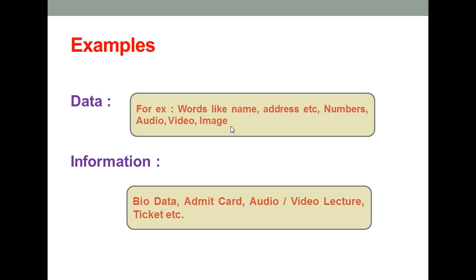Now image, how can an image be considered as data? For example, you are filling in a form. SBI is recruiting some assistant managers, and for that purpose you want to apply. You open that particular link, go through it, and click on the apply button.